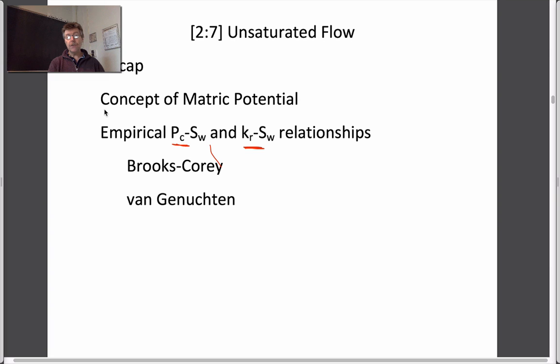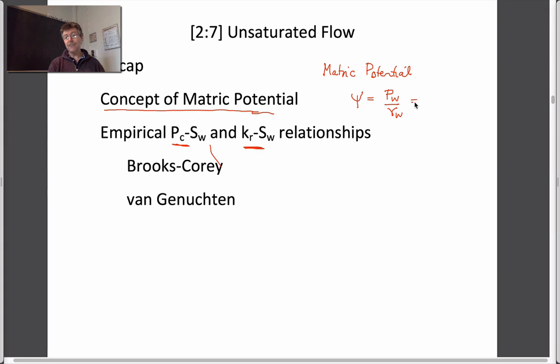And so in agronomy, there are a couple of concepts that we should note. The first is this thing of matrix potential, which is often given the Greek symbol psi, which is equal to the pressure of the wetting phase divided by the unit weight of the wetting phase.